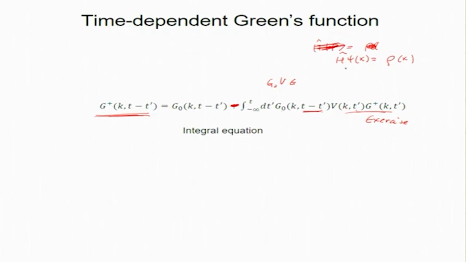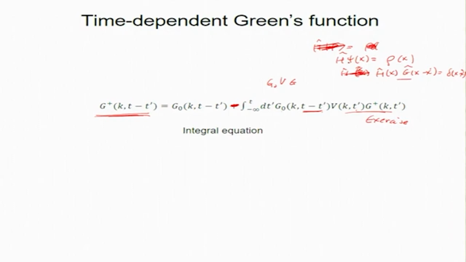So the Green's function satisfies H G(x minus x') equals delta(x minus x'). I have a point source at x', then the response is the Green's function.